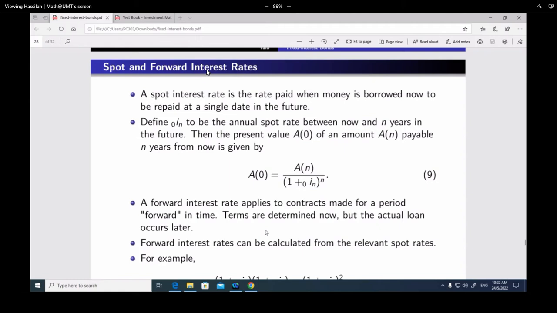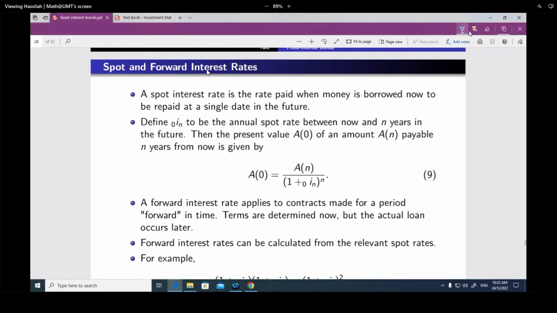Spot rate is the rate paid when money is borrowed now to be repaid at a single date in the future.